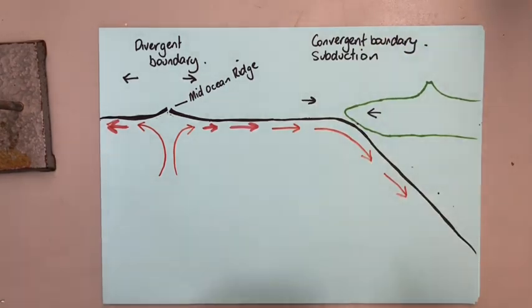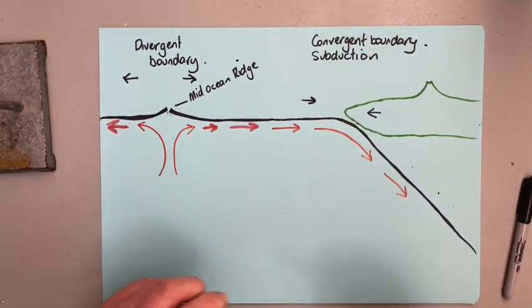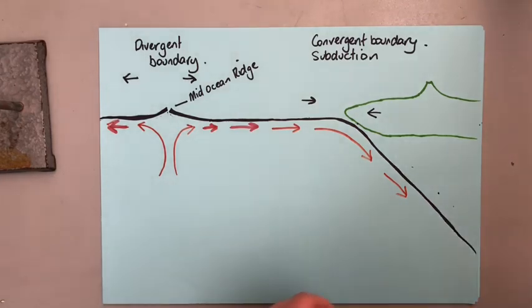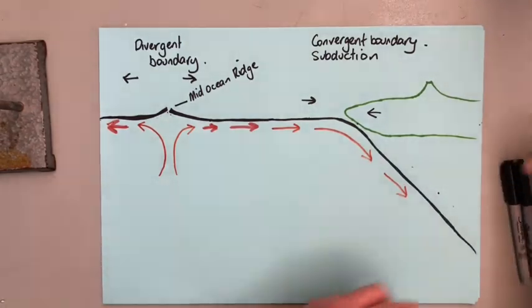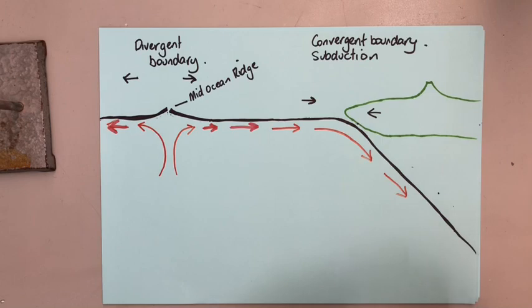All right. Now, the reason this plate moves under is because it is denser. It is thinner, but it is made of much denser, heavier materials.